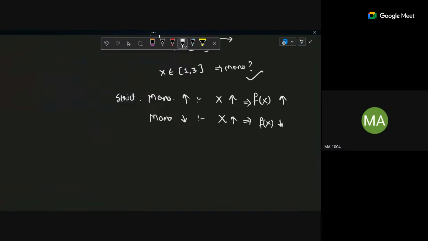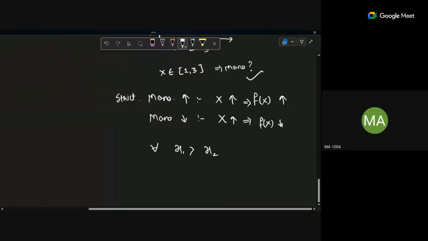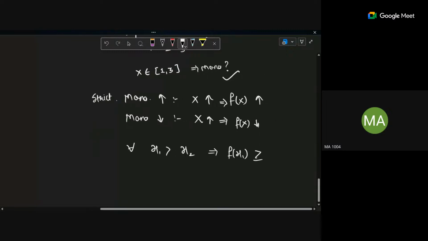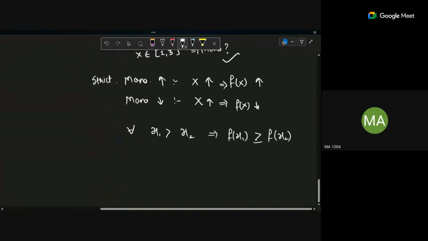So whenever x increases, we say it in mathematical terms: for every x1 greater than x2, if f(x1) is greater than or equal to f(x2), then we say that our function is monotonically increasing.